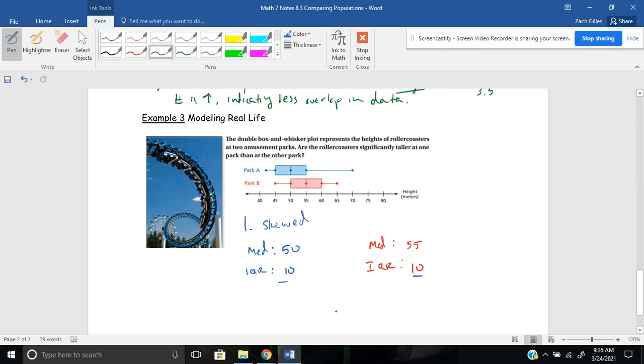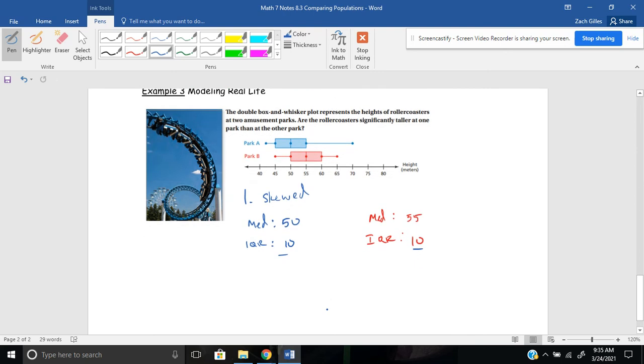Similar to what we just did, we're going to find the difference in the medians, and divide that by our interquartile range. What's the difference between 55 and 50? That's just 5 divided by the interquartile range, which is 10, which gives us a half, or 0.5.